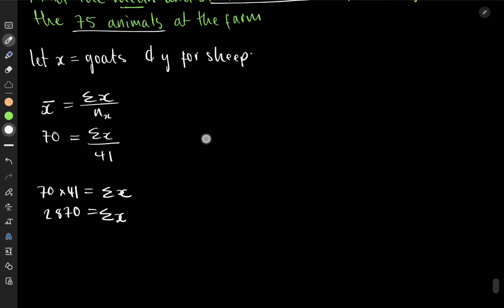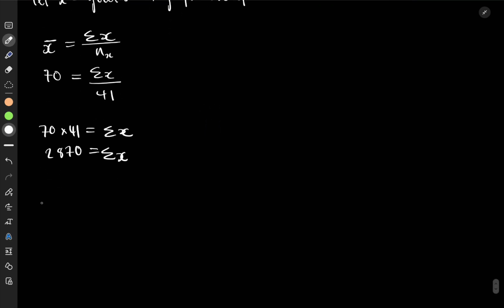Now that we have the summation of x, we can do the same for y. We say y bar is equal to the summation of y over ny, the number of terms for y. The sum of y we don't know, so it will be sum of y.